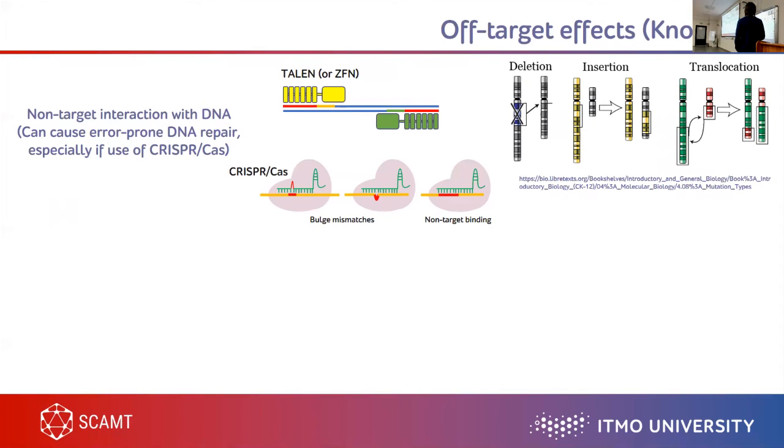It can cause deletions, insertions, or translocations, very significant exchanges inside the chromosomes of cells, and can cause bad diseases such as cancer. So we need to be very careful with the chromosomes this way.